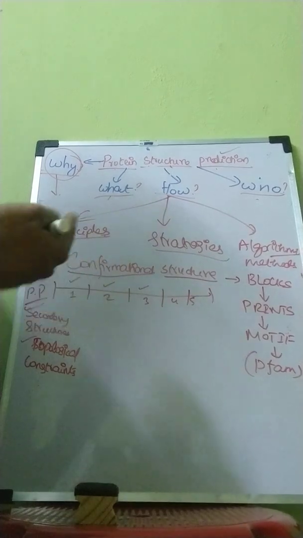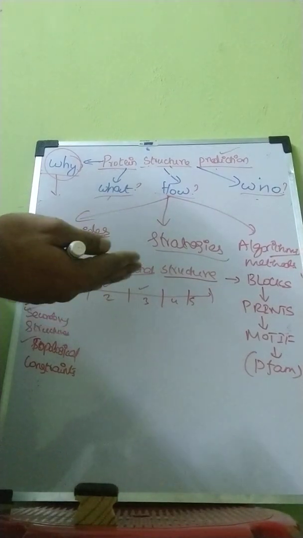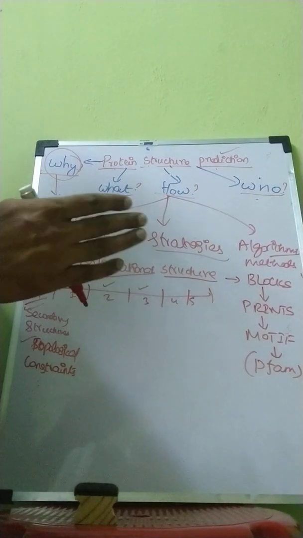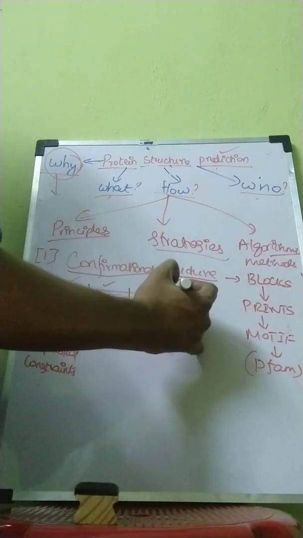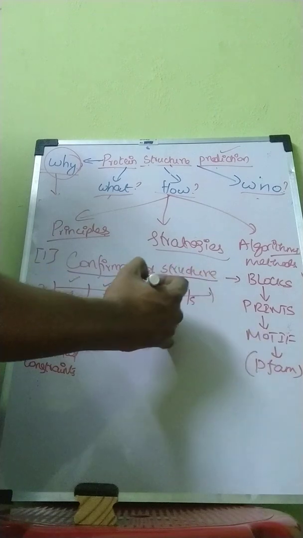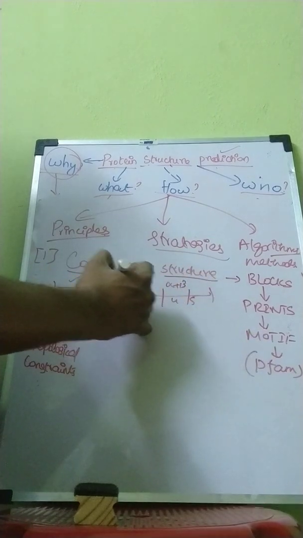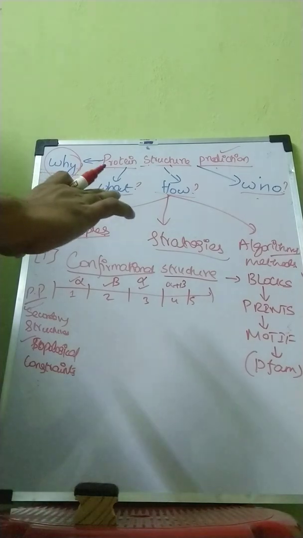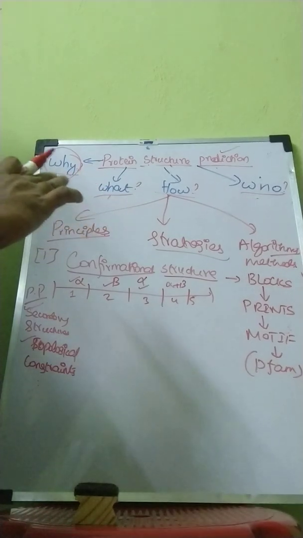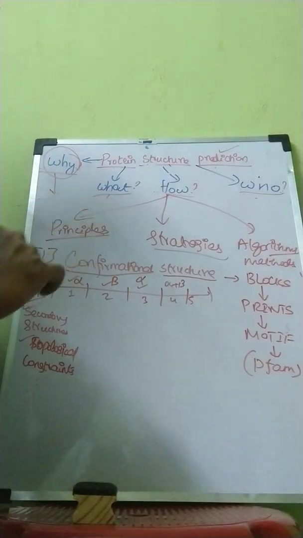The fourth zone would again form an alpha helix with the intermittent presence of beta sheets. It may be a mixture of both alpha and beta sheet. So based on the secondary structure, we are categorizing this protein chain into different blocks.